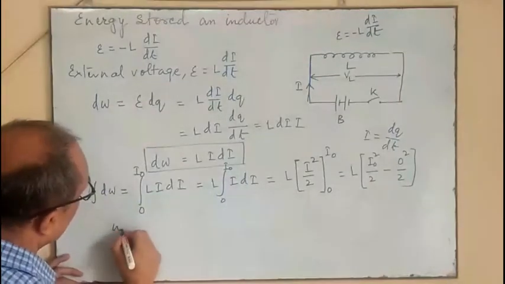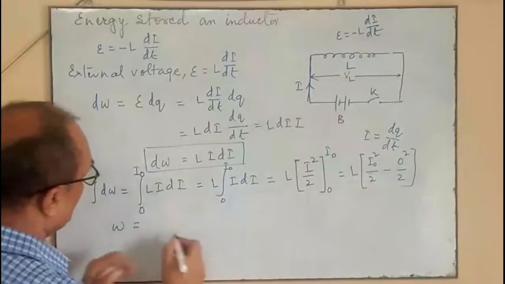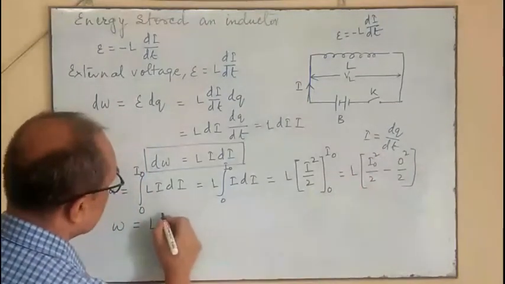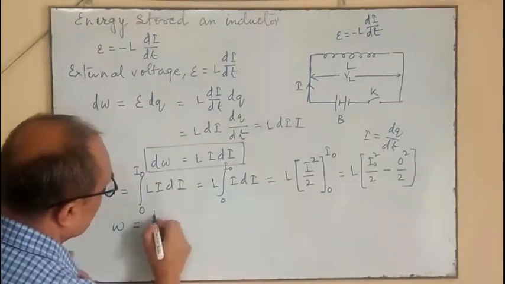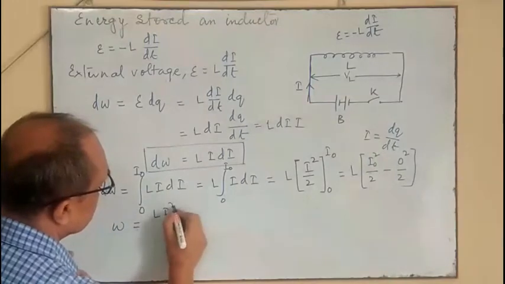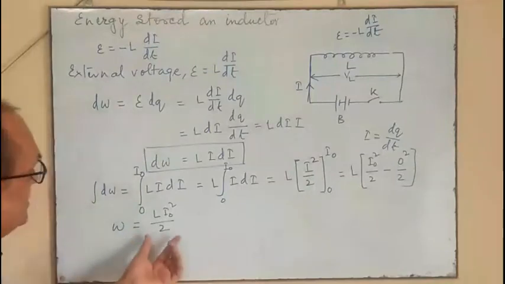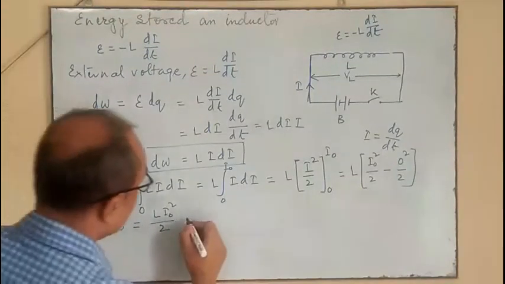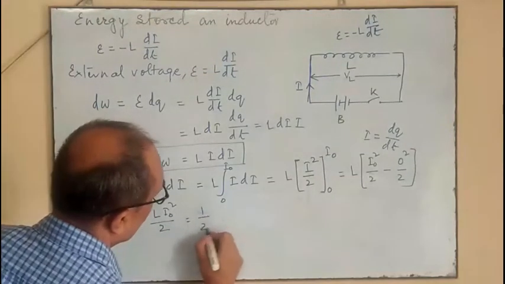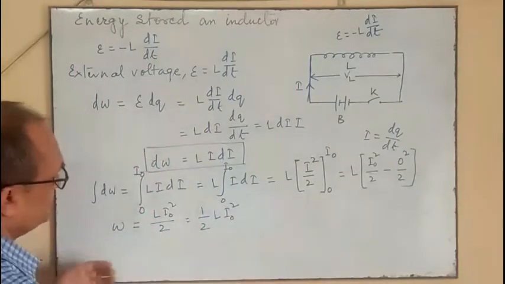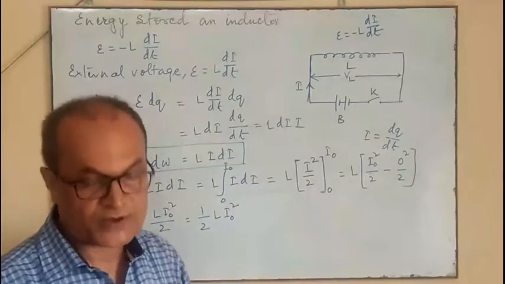So the work done W will be equal to L I naught square by 2. This is the work done. This may be written as 1 by 2 L I naught square. So this is the work done.